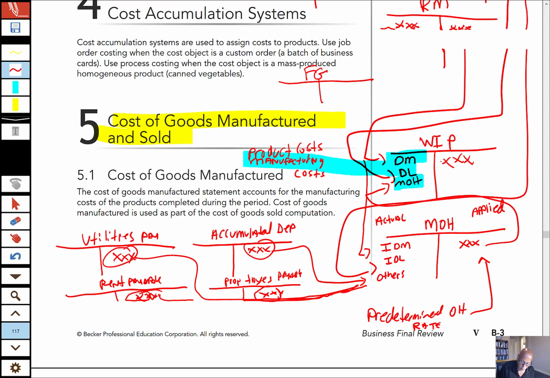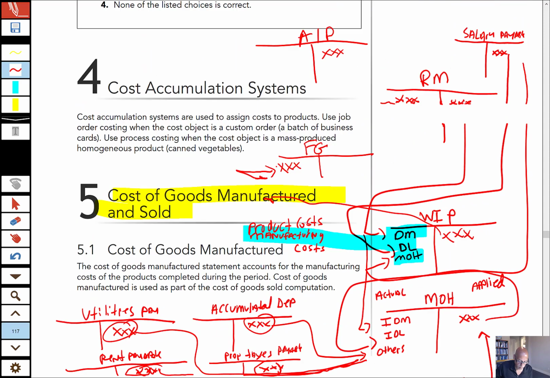When it's finished, stating the obvious almost, it goes from our work in process to our finished goods. Okay, so that goes from my work in process to my finished goods, like that, right?